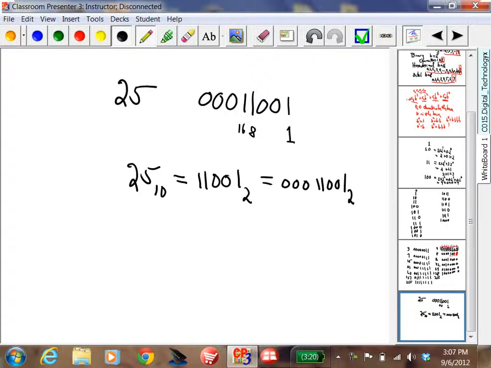From a mathematical point of view, yes. And in computers, when you store 25, it takes up a whole byte. Well, I always tell the graders, we're flexible.